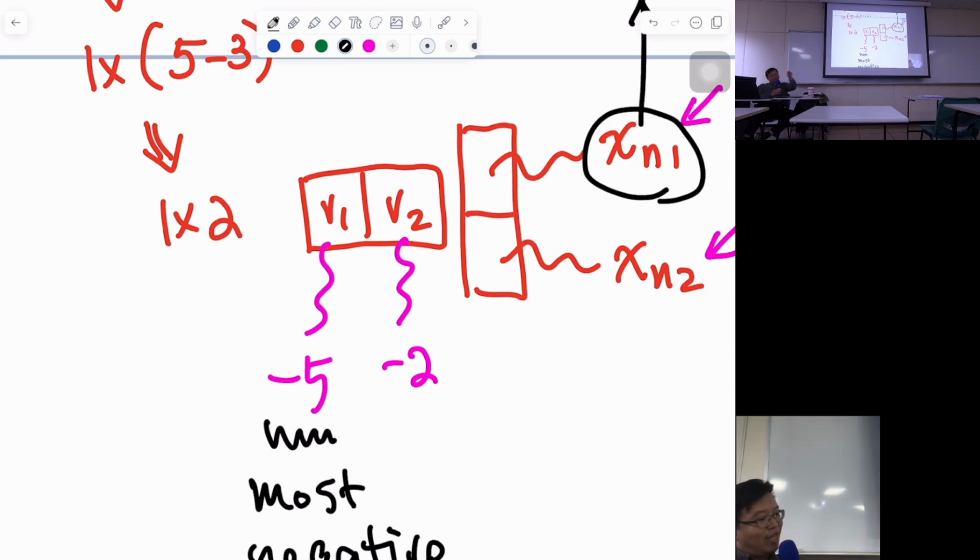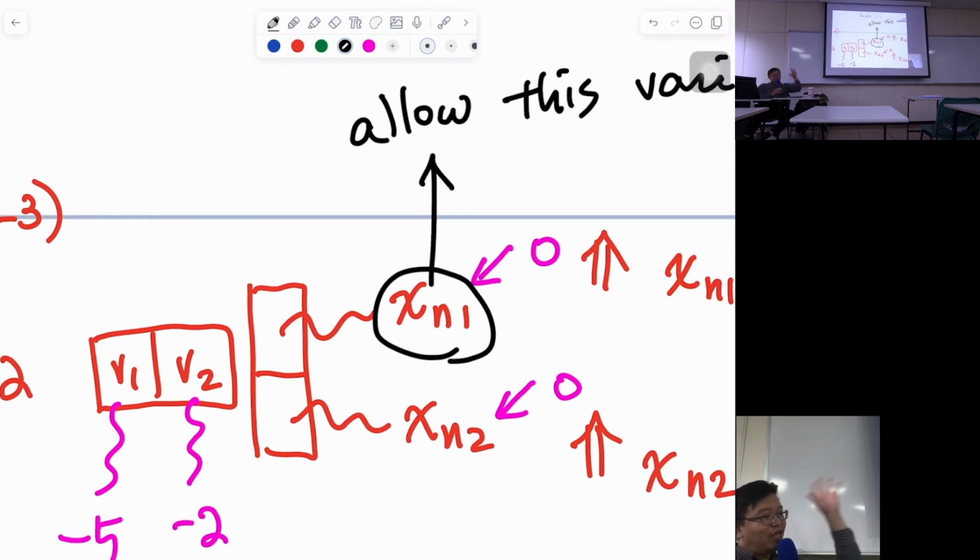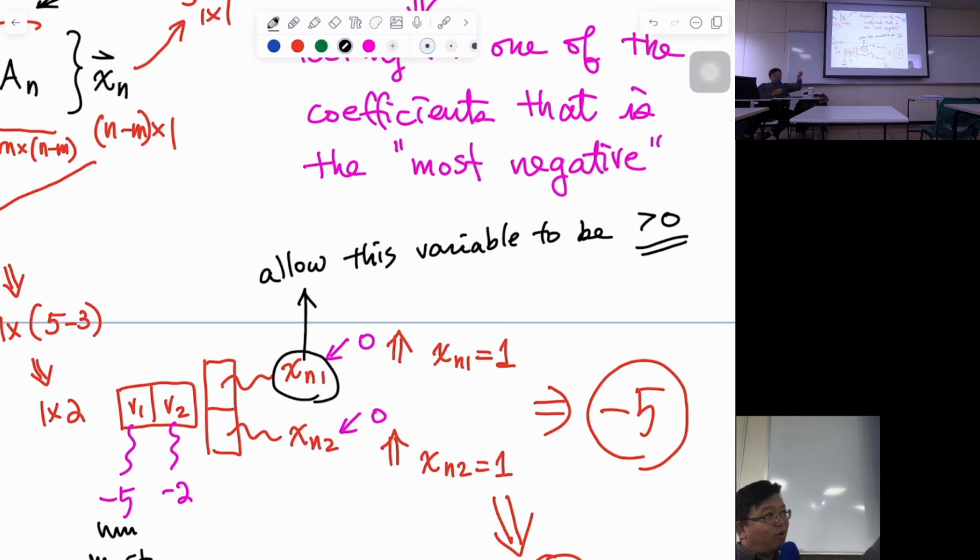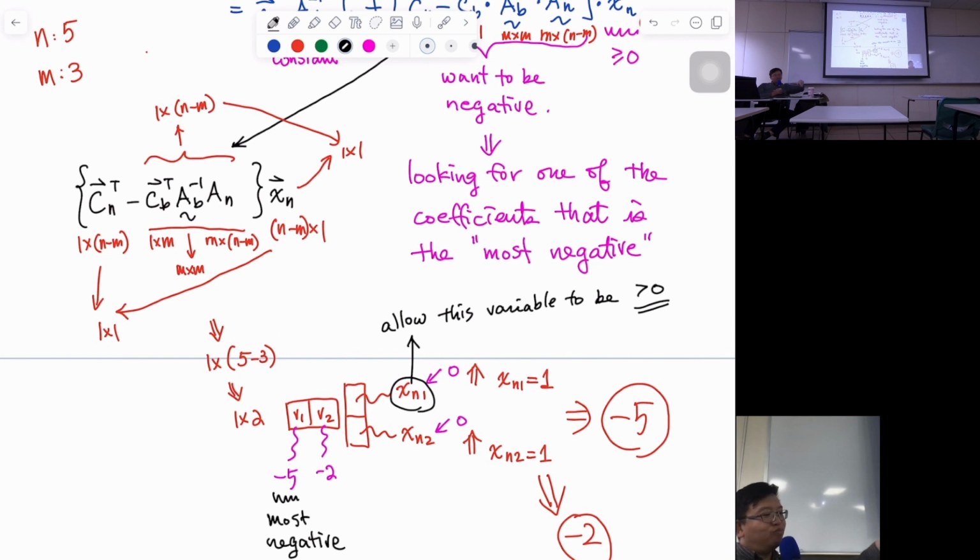The corresponding x is going to be the variable that no longer stays as 0. I want to increase its value, and later on, that variable will become positive. If I do that, I'm pretty sure my objective function will be decreasing and decreasing. I will keep on doing this until I cannot improve anymore. So that's the first step of linear programming.